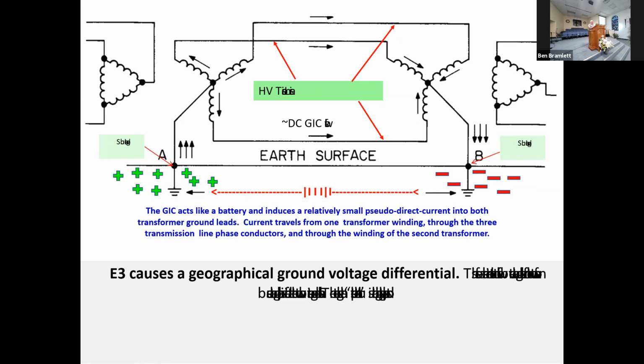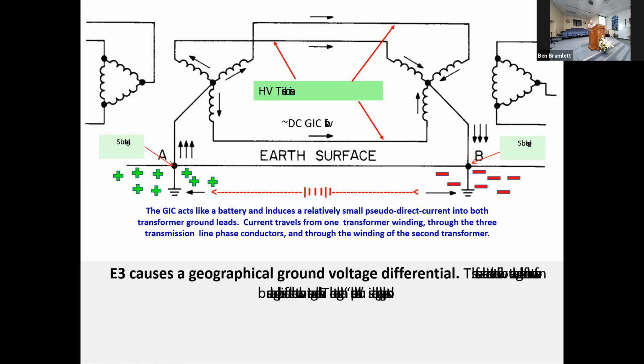What that means is that the current is conducted through the ground and then up through the ground connection into the transformer along one of the high voltage legs and then back down to the ground at the far end, so you actually get an electric current. You have a DC potential that is impressed on top of that high voltage AC.